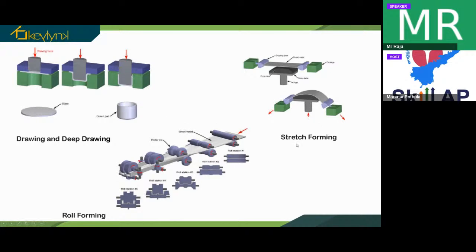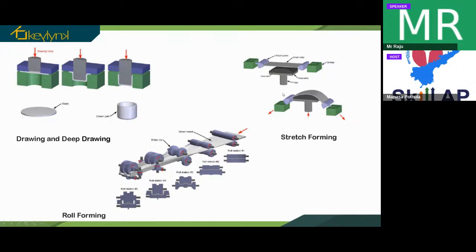So then we have stretch forming. Stretch forming is also a forming process or the bending process. Here the gripping jaws will be there, which hold the sheet metal in horizontal position like this, and simultaneously the die will be here with the necessary shape that we want to create.